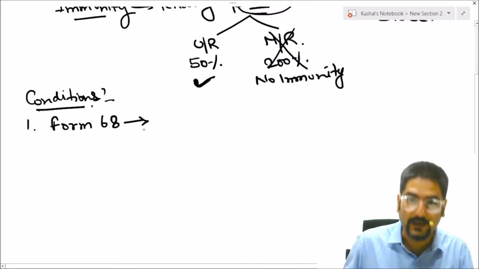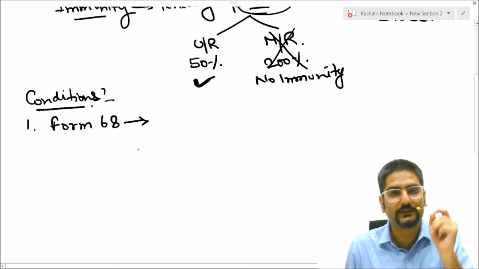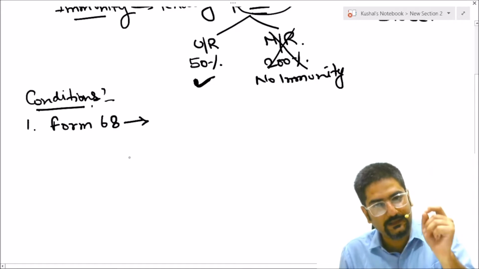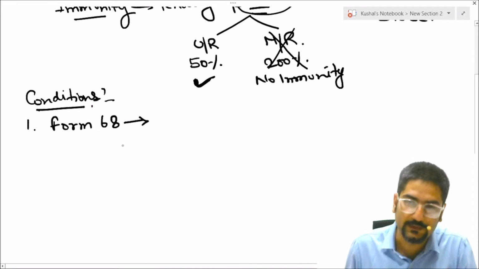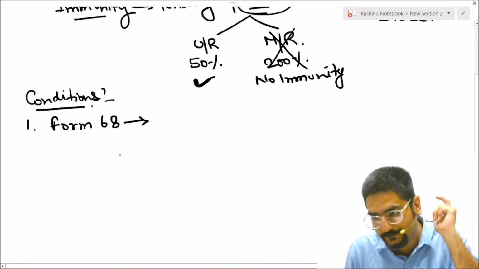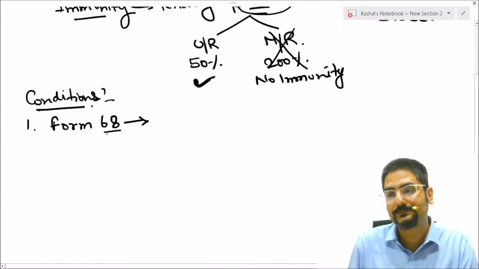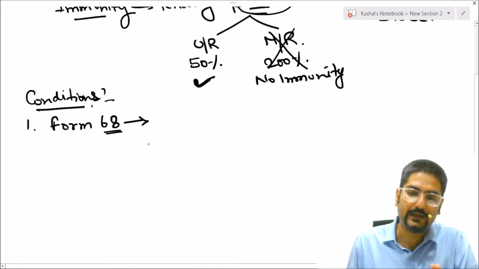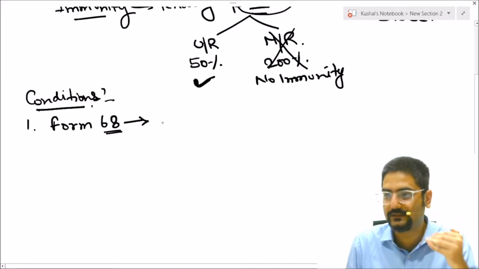The time limit is one month from the end of the month in which the assessment order under section 143(3) or 147 has been issued by the department. So the time limit is one month from the end of the month in which you got the assessment order.